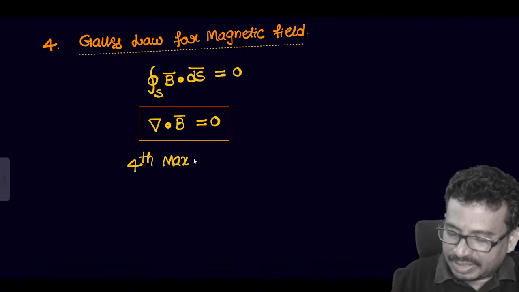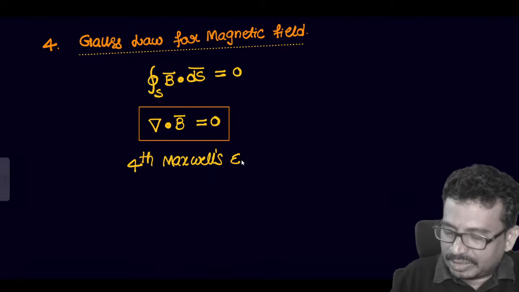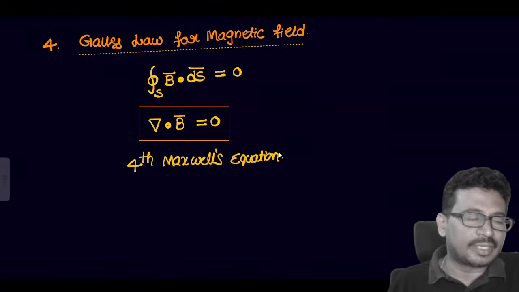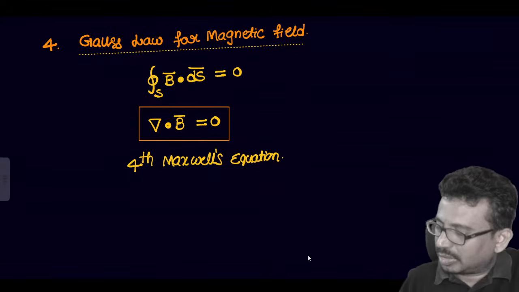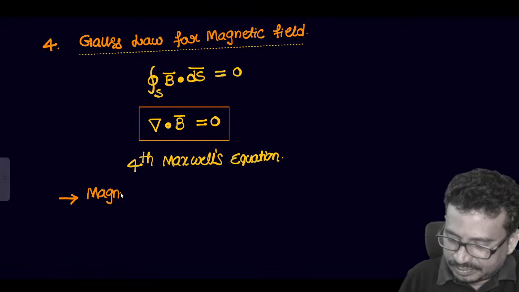What is the significance of this equation? It indicates that magnetic lines are always in closed loops.